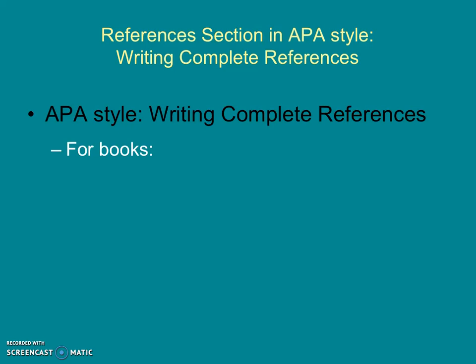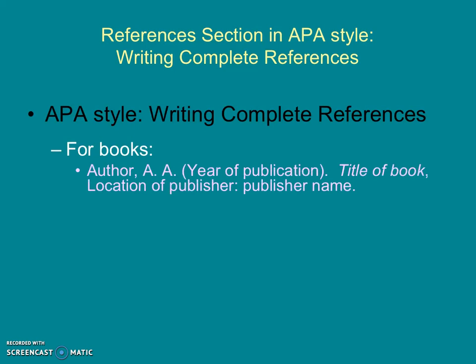What I've done here is I've composed in pink the general outline for how a book will look when it is in APA style. This is the information you need. You need the author's last name, comma, their first initial and second initial and a period after each, if they even have a second initial.